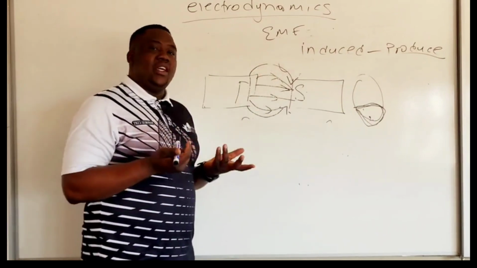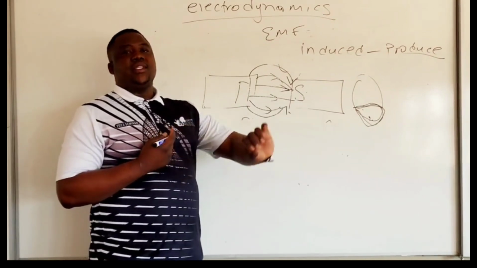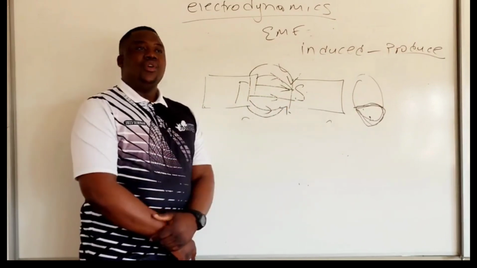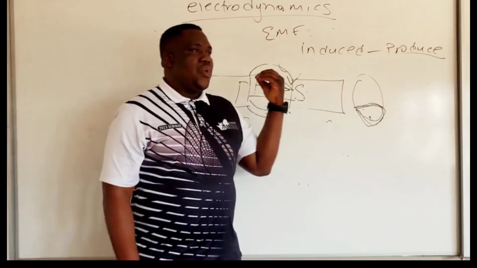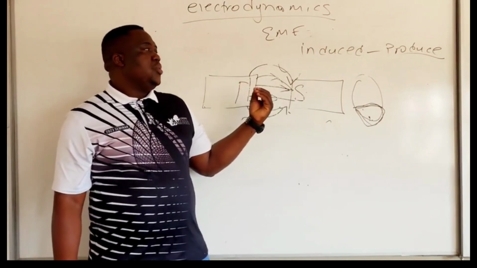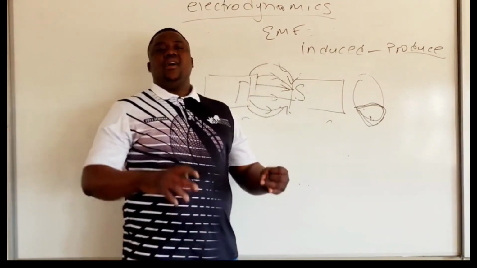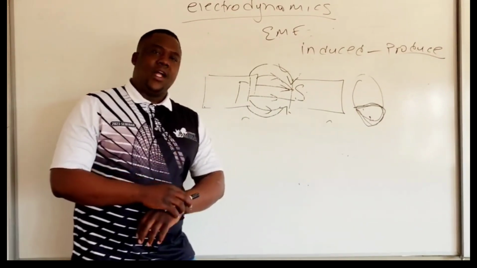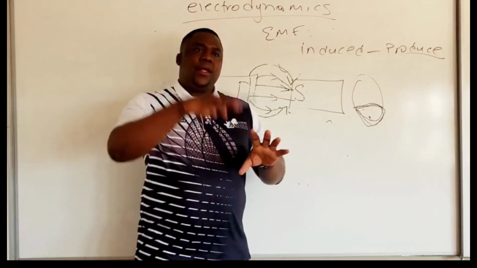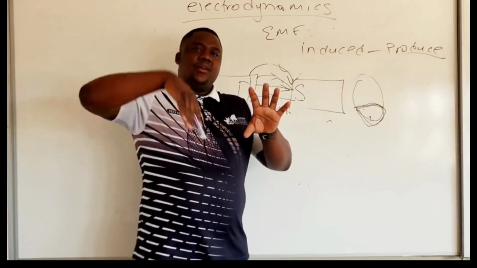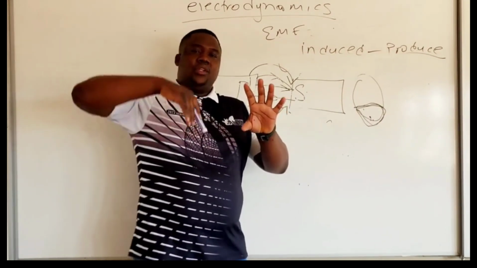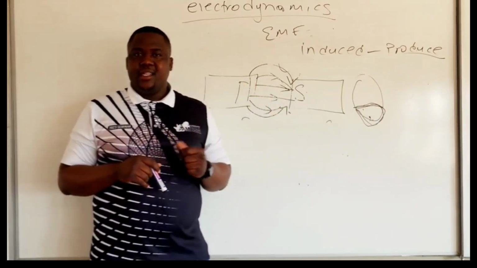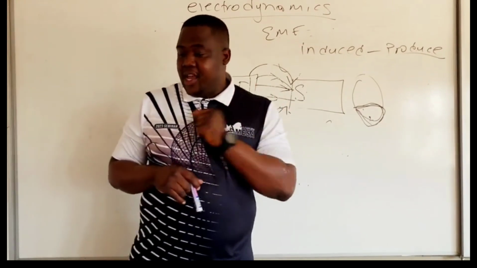Then when you produce that EMF, it is going to produce current. Then charges are going to move. So now I hope you understand how we get to induce current and the EMF. We induce current and EMF when we move a coil along the electric field line between two magnets. So that's how we produce current and the EMF.